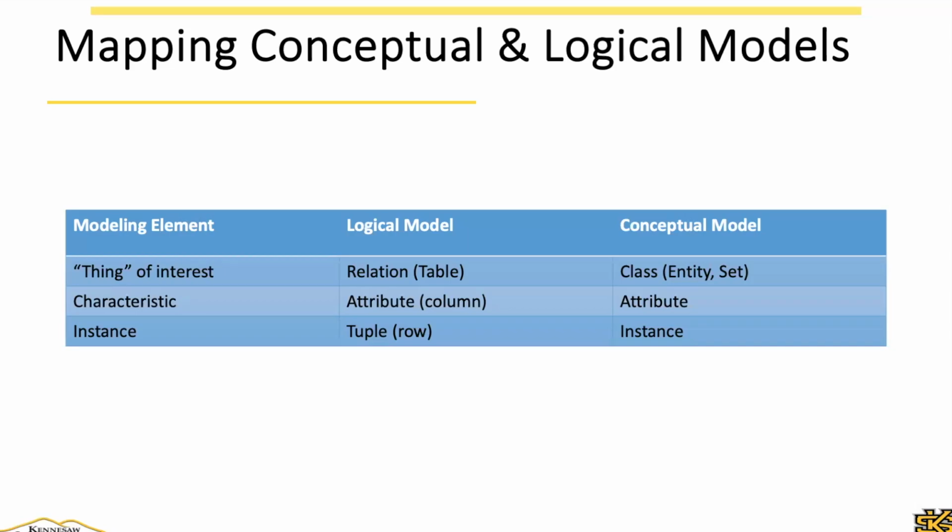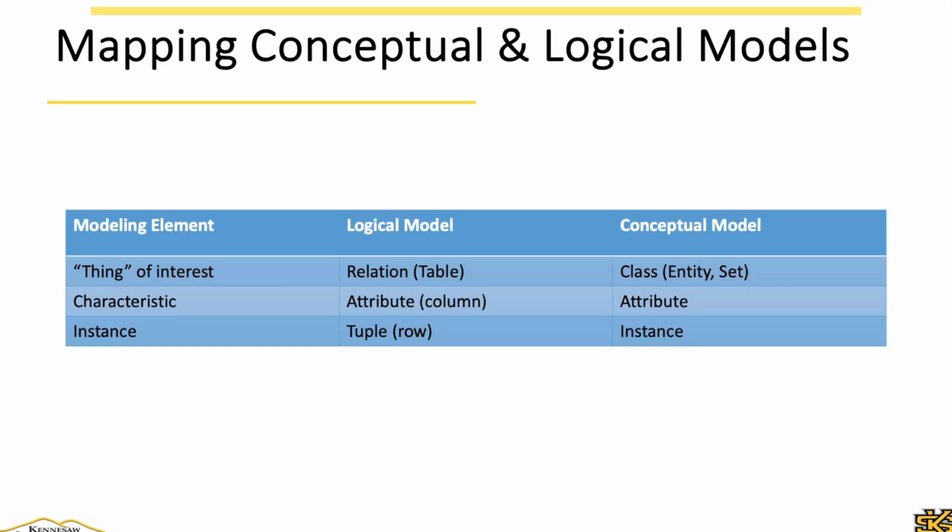At the end, you have probably noticed that I'm using many words interchangeably because they essentially mean the same thing. To help clarify, let's create a connection between the logical and conceptual model. In the logical model, which we discussed in a previous chapter, a relation or a table refers to a thing of interest, and an attribute represents a characteristic of the thing.